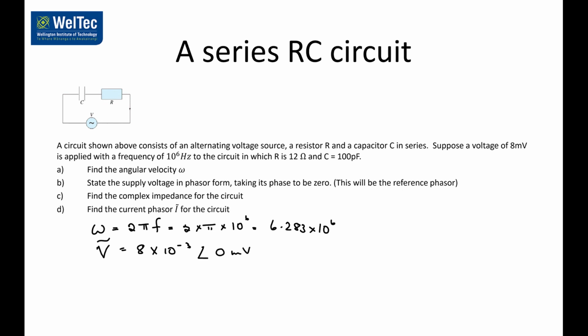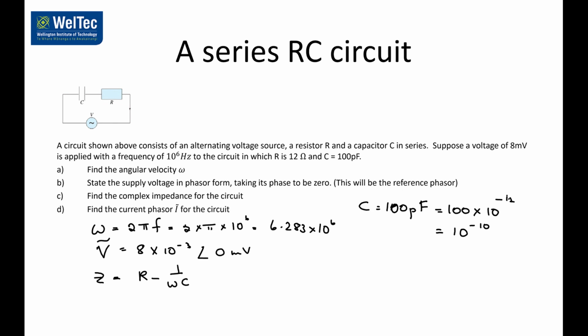And then the impedance would be R minus 1 over omega C, and we're given C is equal to 100 picofarads, which is 100 times 10 to the negative 12, which is 10 to the negative 10. Just do that simplification first.